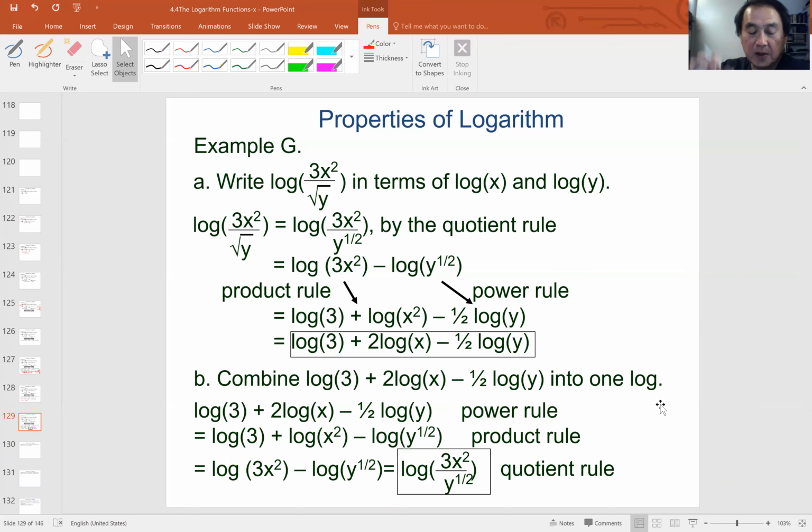So these three rules, multiply becomes add, divide becomes subtract, and powers become multiplications, are the fundamental rules for exponents. Anywhere you see these types of rules, it always has something to do with exponents.